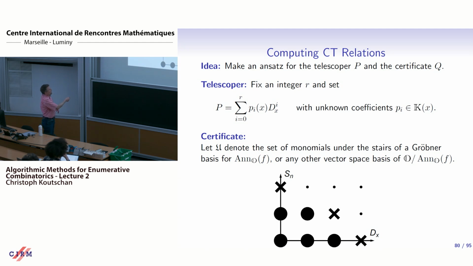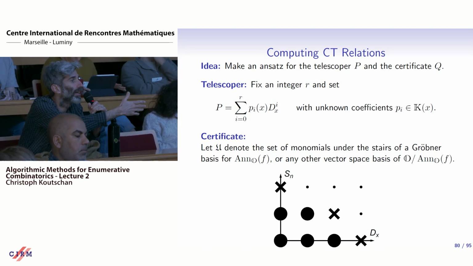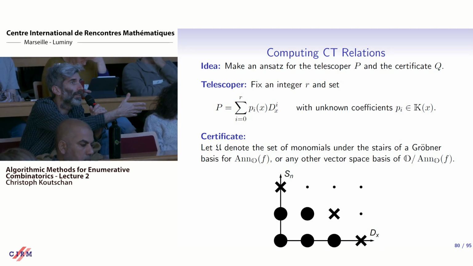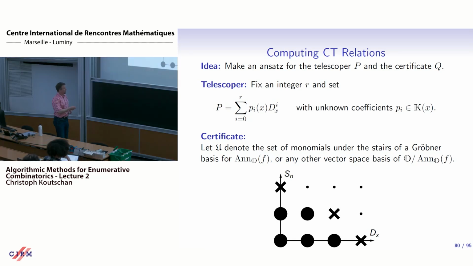And imagine if that cross was not here, but was sitting here, then you would get an infinite line of bullets, indicating that this annihilator does not define a D-finite function. But having something like that tells you that certifying that a set of generators is complete is a finite search. Well, yes, right.